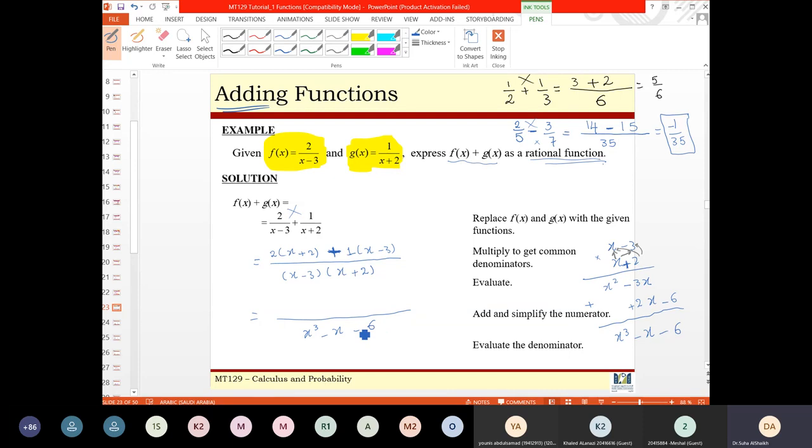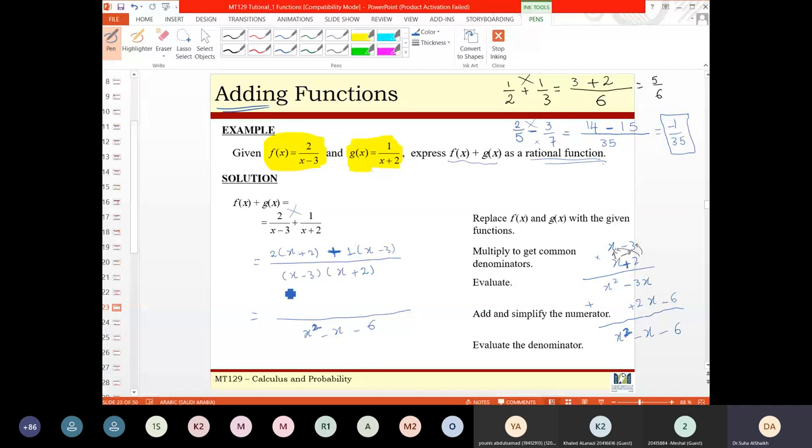Am I correct? No, why x cubed? This is x squared. Yes, thank you. I was wrong. It's x squared of course. x squared, and minus 3x with the 2x is minus x, and the minus 6 is there.